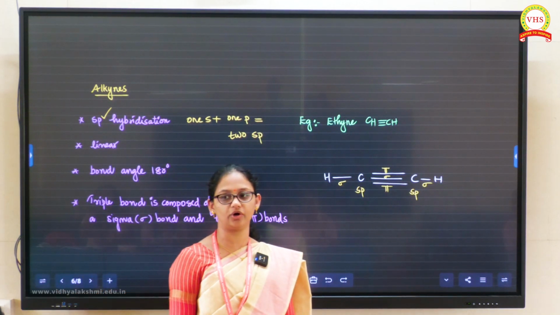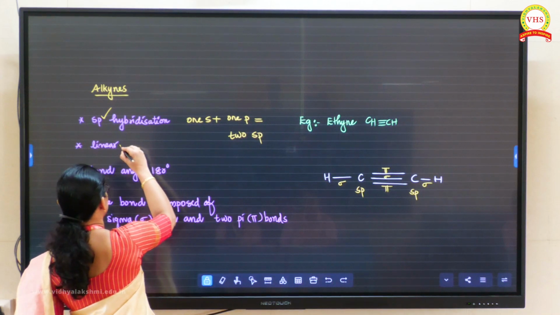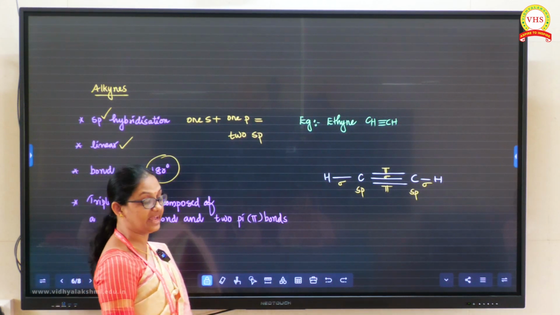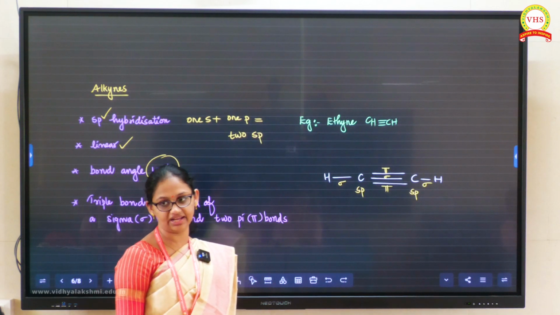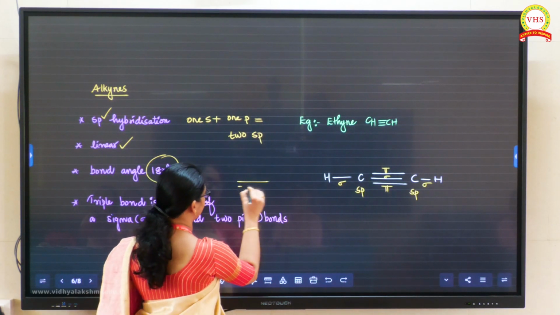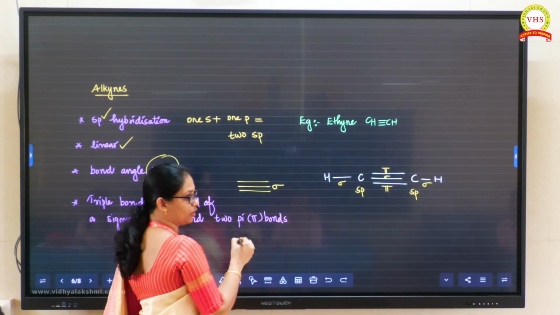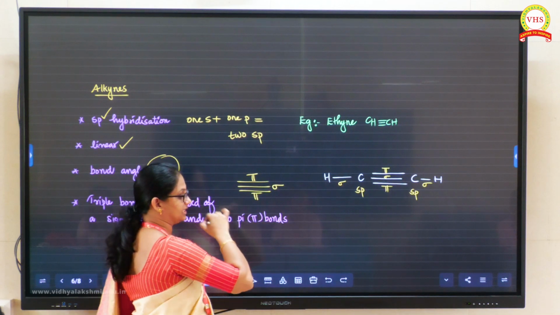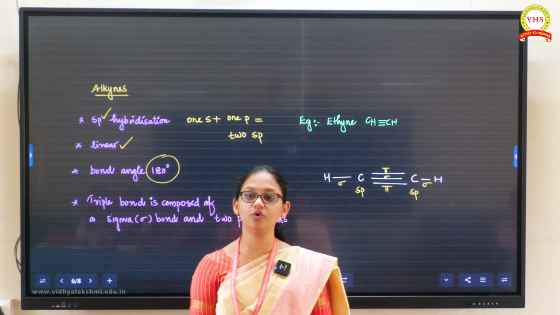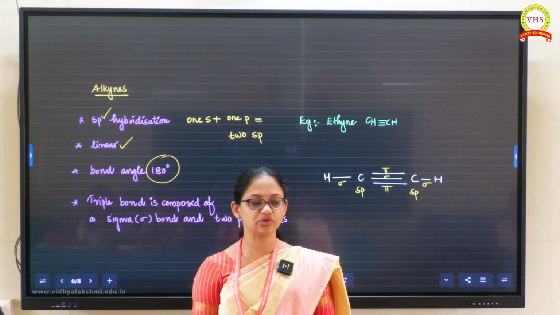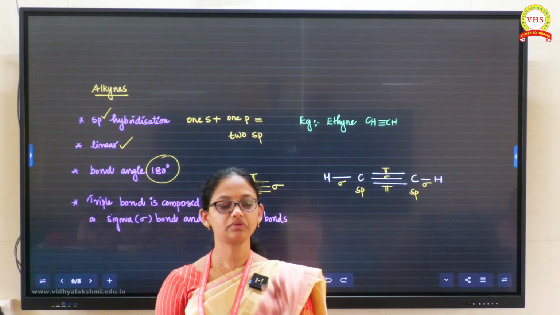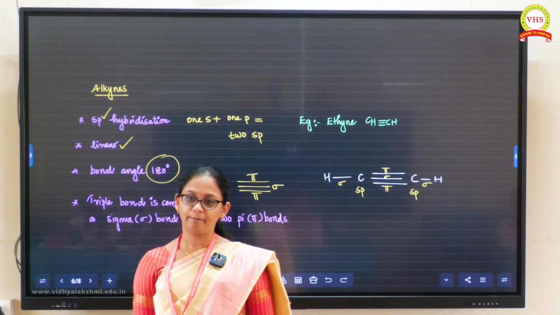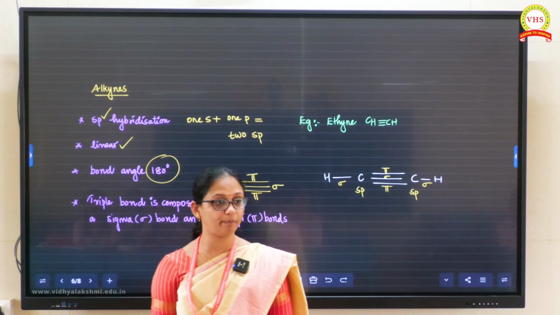The two sp hybrid orbitals are arranged linearly, and the bond angle is 180 degrees. Here it is a triple bond, meaning the first bond is sigma and two unhybridized p orbitals are there, so it will form two pi bonds. Is it clear? So sp hybridization, triple bond, one sigma bond and two pi bonds.